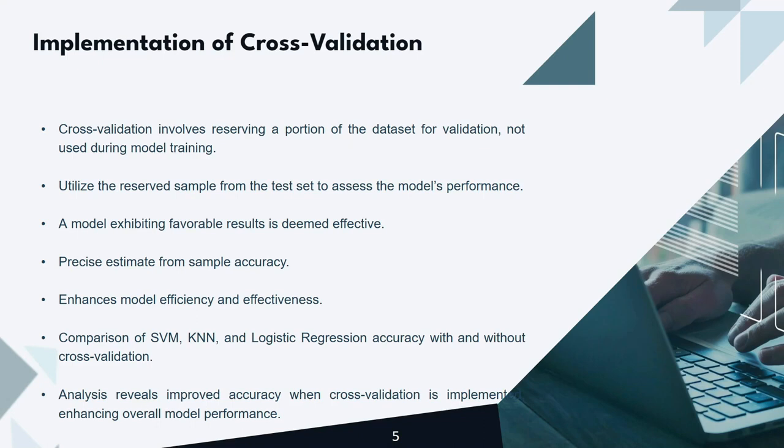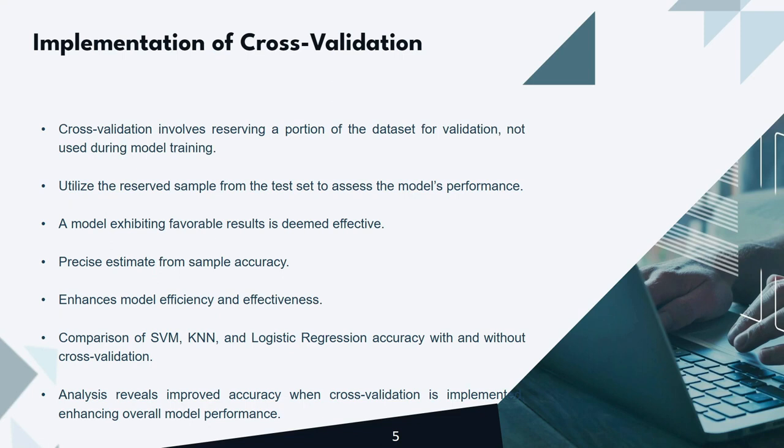During this validation process, the reserved sample is initially set aside and the model is trained with the remaining part of the dataset. Subsequently, the reserved sample, either from the test or the validation set, is utilized to assess the effectiveness of the model performance.